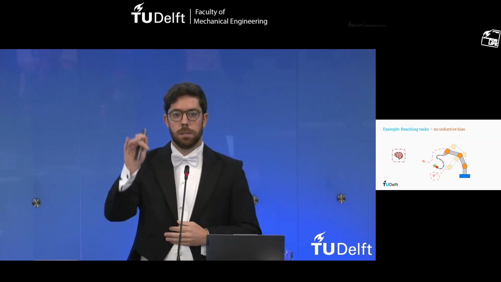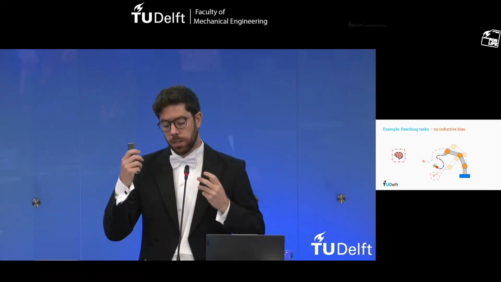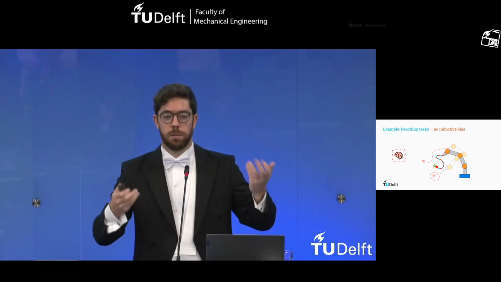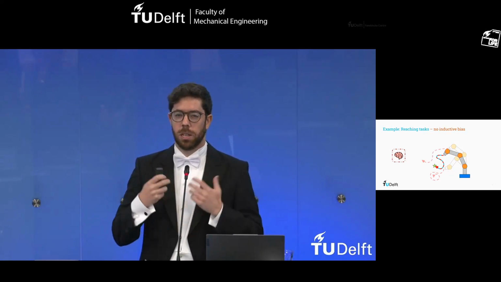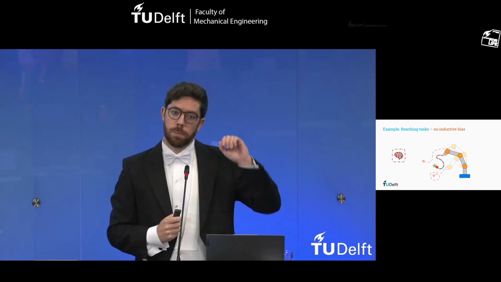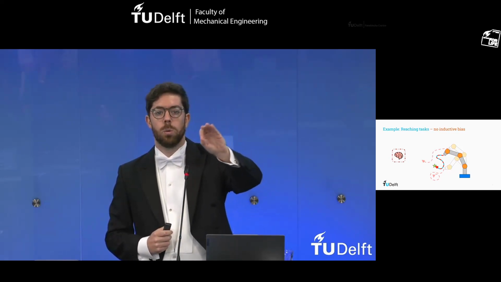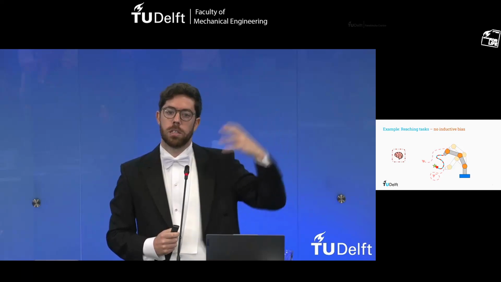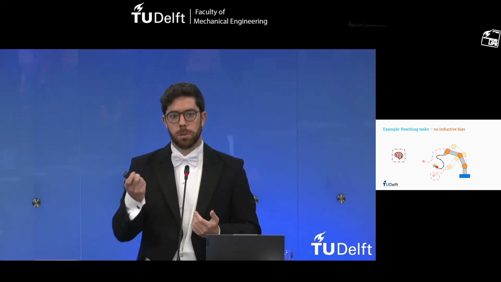So this is the case where we are not putting any bias on purpose into our system, no inductive bias. So it's not really working. But in the case of this example, which is actually a reaching task, before collecting any data, we know in this specific case that the robot should always reach the star. This is some prior knowledge that we have about the problem. So even if we don't have data in different parts of the space, the robot should always reach the target.